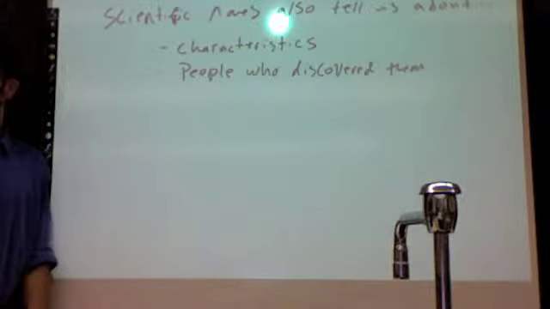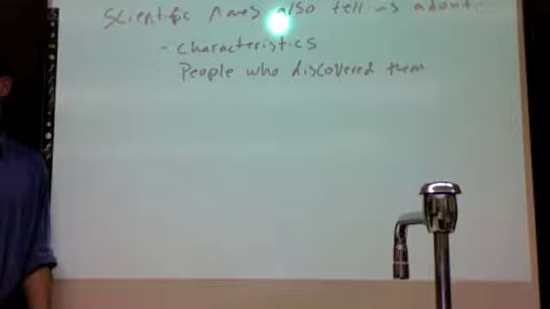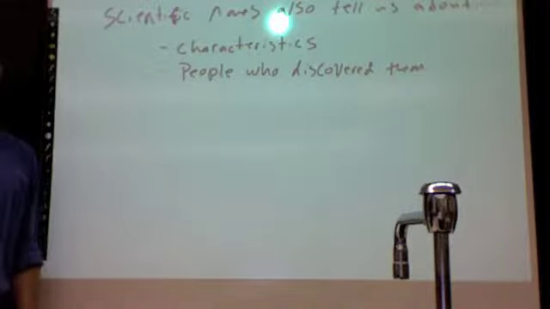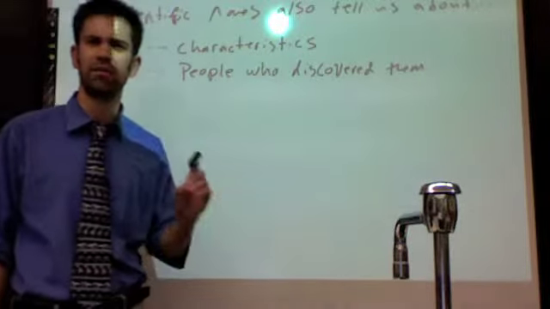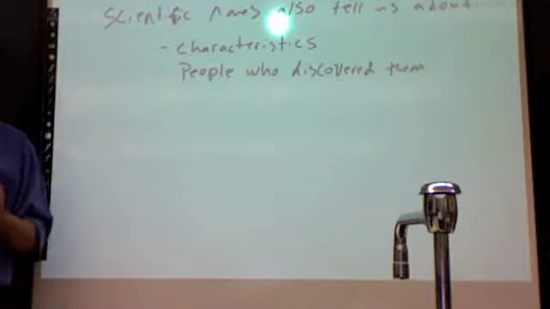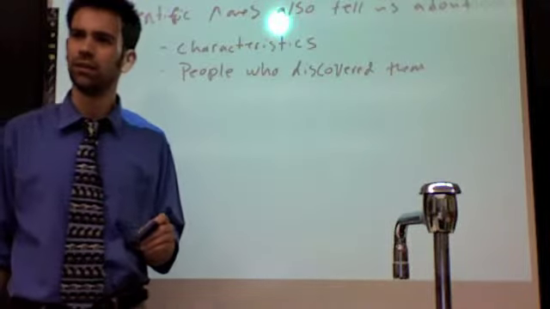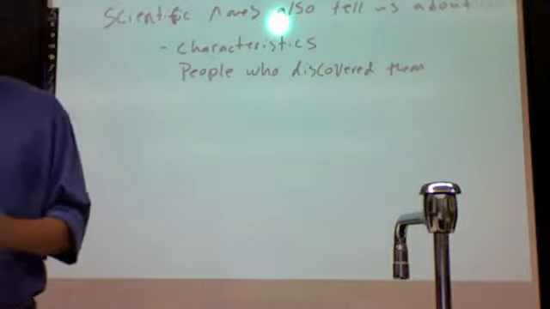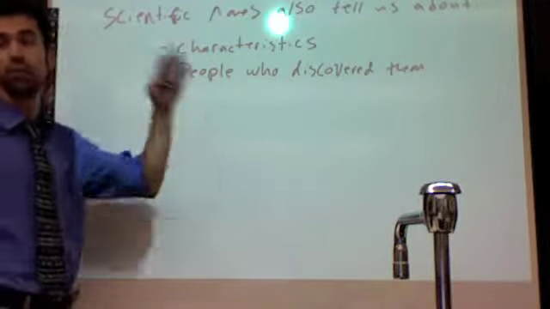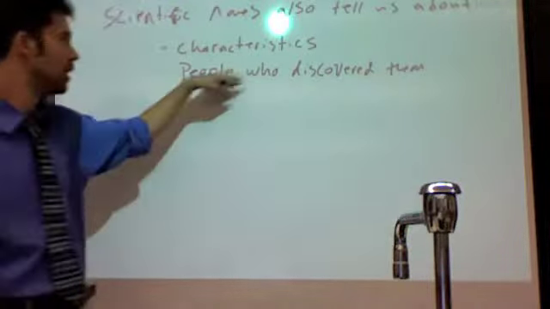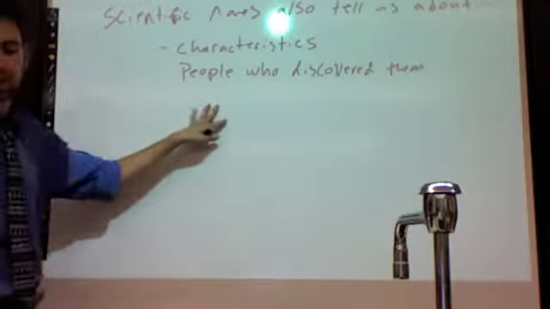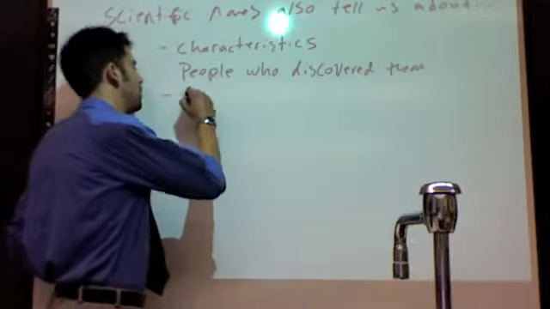Sometimes as well, they are named after other famous people that they match. There's a case where there's some sort of parasitic flea that's named after some guy that another guy didn't like. It was like an insult to him. Okay? Yeah, if you discover them, you can name them. Okay? And sometimes you choose your characteristics. Sometimes named after the people who discover them. Sometimes they're named after the places where they're found.